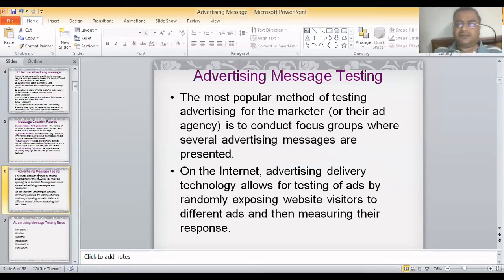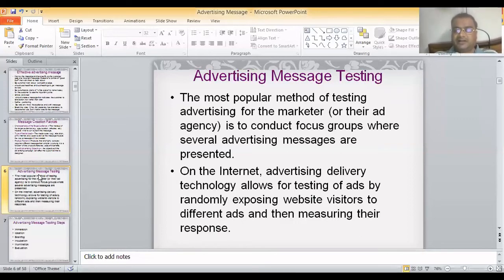So to start with, what is advertising message testing? Basically, before an advertisement is put on air, or premiered on television or internet, there are focus groups where the advertisement messages are presented, and then based on the results which we get from the focus group, we try to understand whether the advertisement is effective or not.